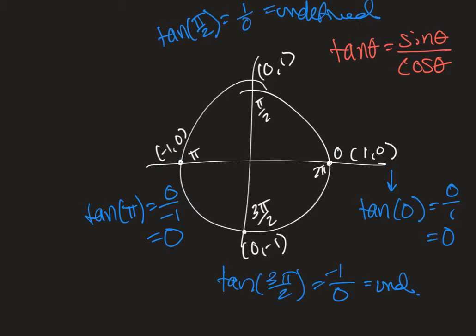Those are going to be at 0 and pi, or 2 pi, because tangent is 0, and so is sine. But at pi over 2 and 3 pi over 2, tangent is undefined, and sine is 1 or negative 1, so those are not the same, obviously.